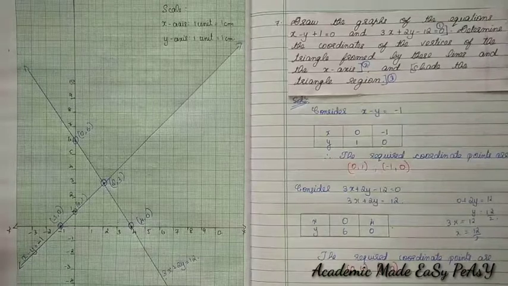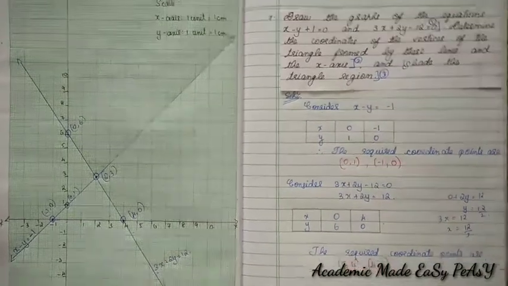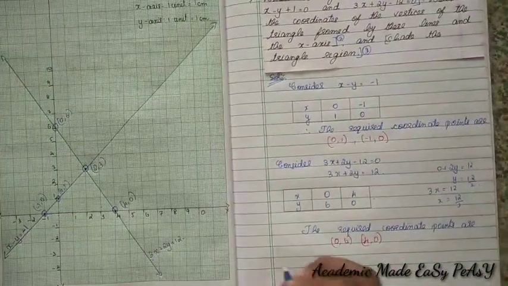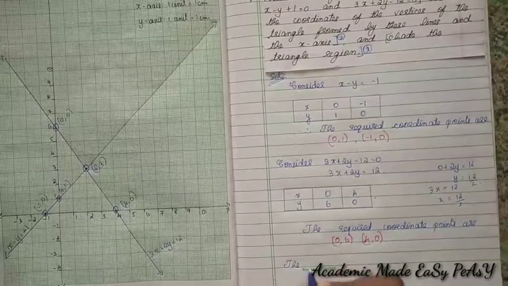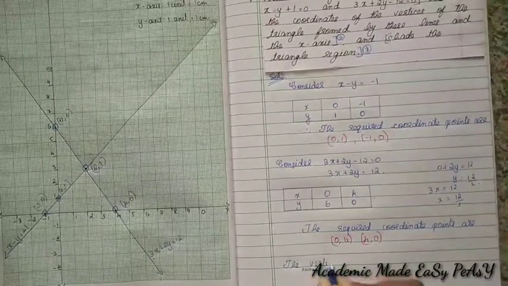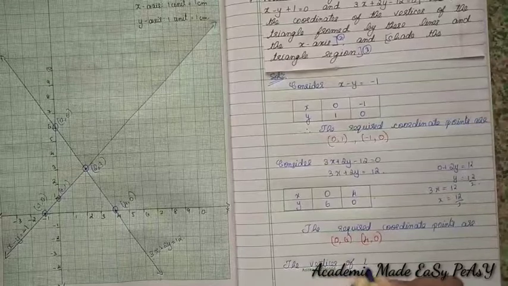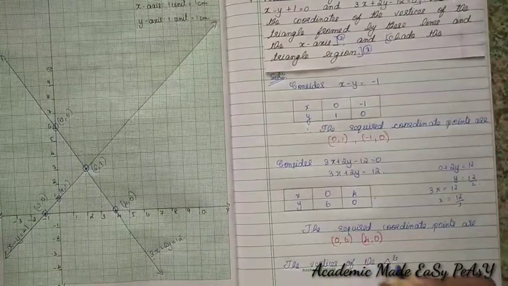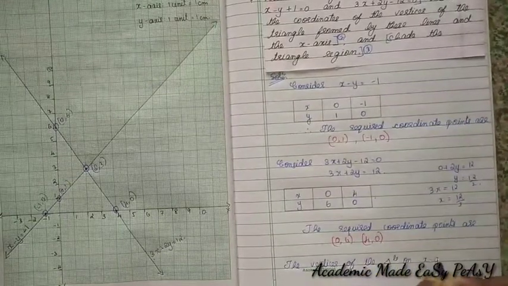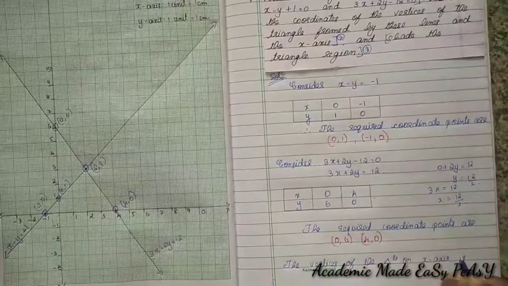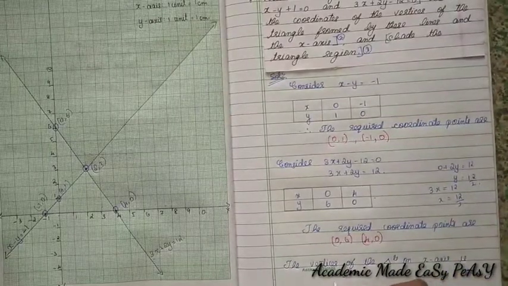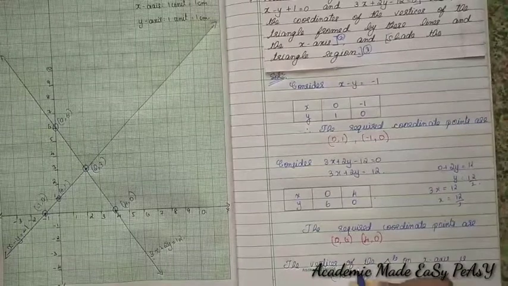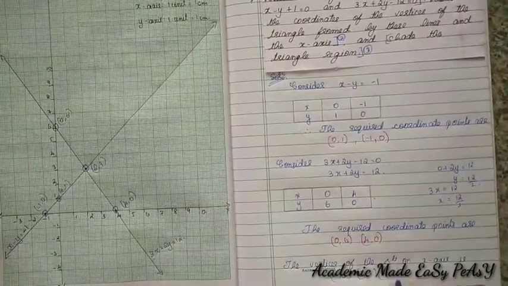So these are the vertices of the triangle. And you can write the vertices of the triangle on x-axis: -1, 0, 2, 3 and 4, 0.